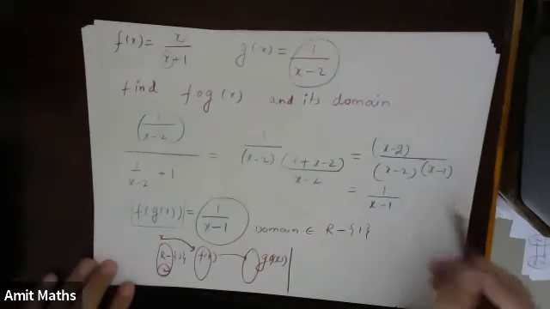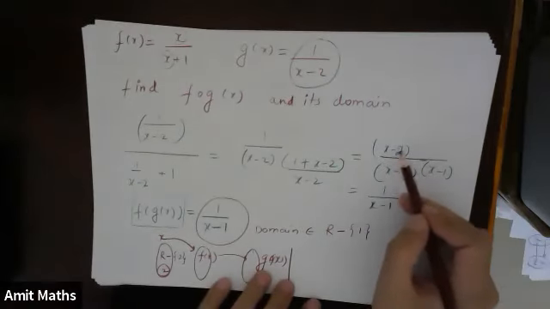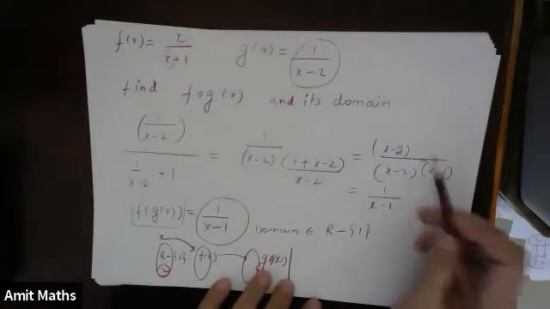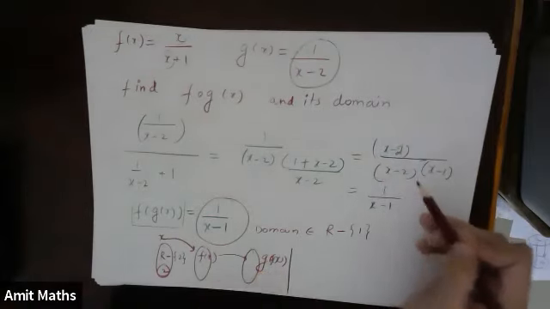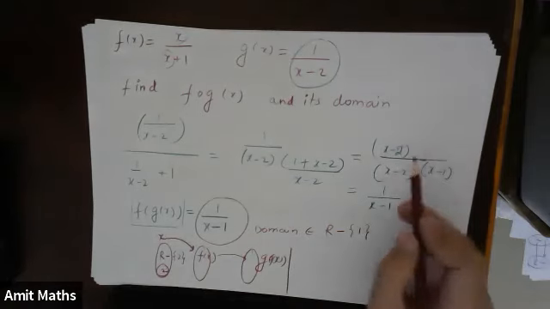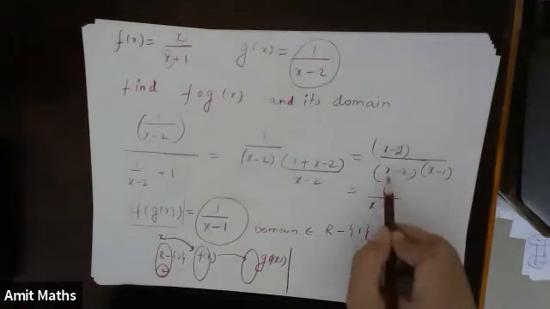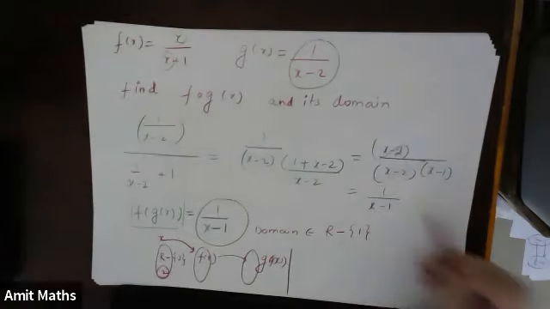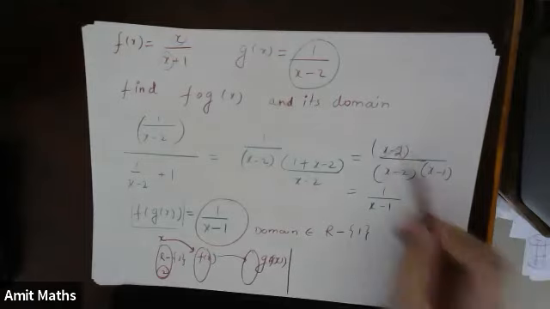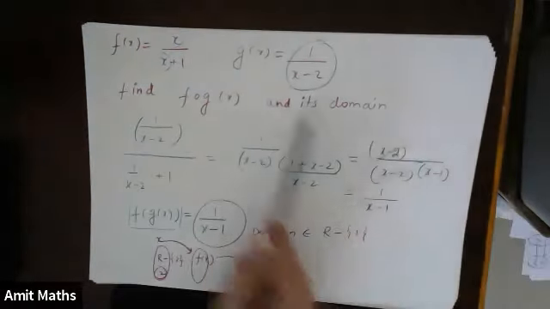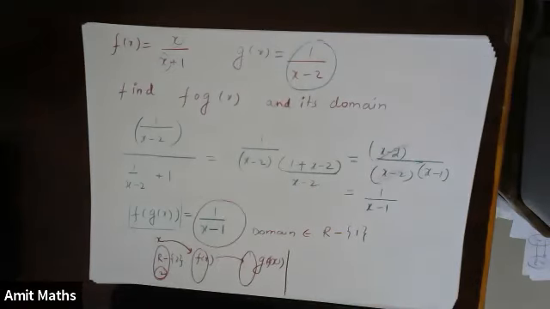One more thing: here we cancelled x minus 2 with x minus 2. But when we cancel x minus 2 with x minus 2, this makes 0 in the denominator also, so we are indirectly cancelling 0 by 0. Even so, just by looking at the original function, we can see that 2 was not included.